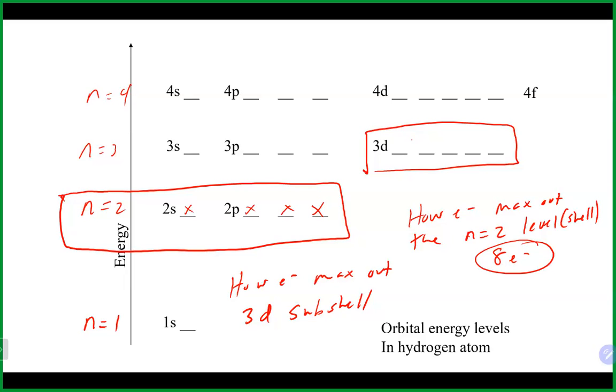And that would be 2, 4, 6, 8, and 10 electrons. So again, if I said the n equals 3 shell or level, how many electrons would that be? That would be your 18, which would be 10, 12, 14, 16, and 18. That would be everybody on there if we were talking about the n equals 3 level or shell. But since we're talking specifically about the 3D subshell, it is just 10.